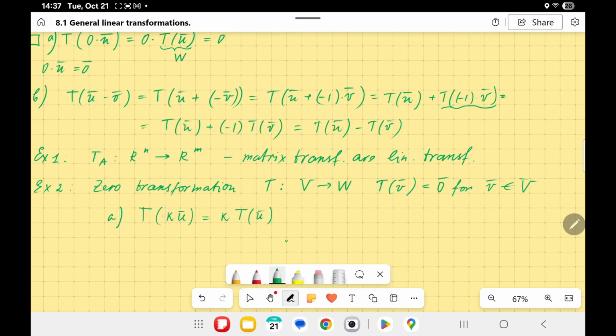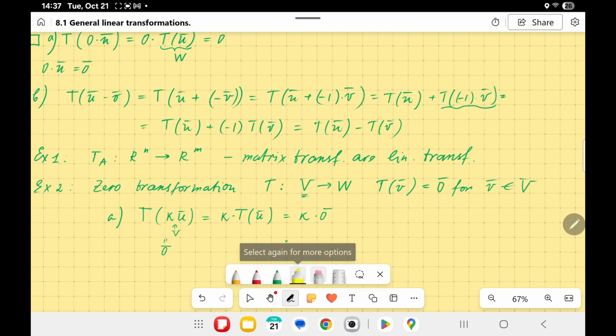Well, if you take any vector of space V, this transformation turns it into zero, which belongs to W. What do we have on this side? Well, that's K, and the transformation of any vector again turns it into the zero vector.